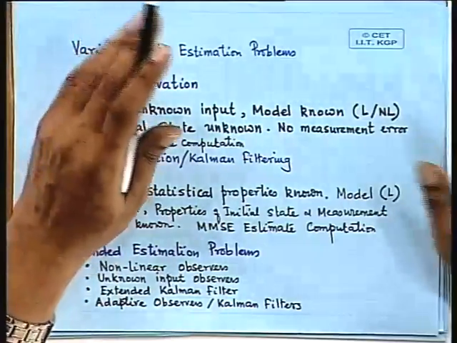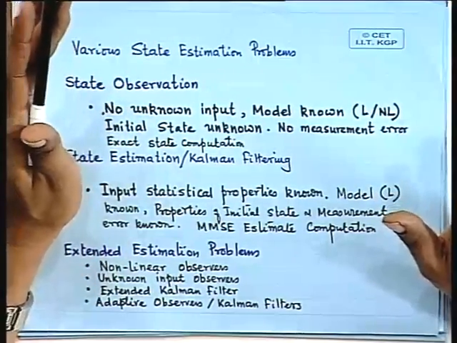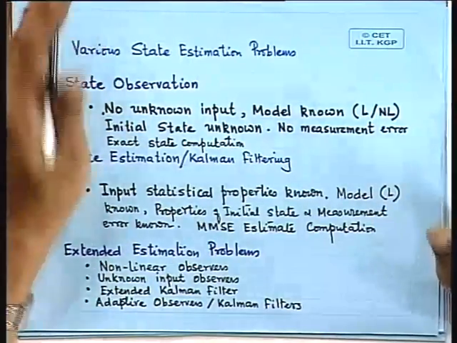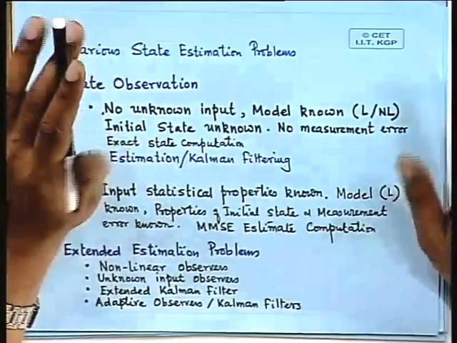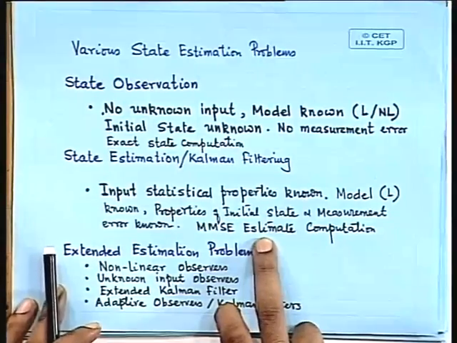So our estimates are always going to be erroneous. Therefore it is not meaningful to try to solve a problem where the estimation error will go to 0, it cannot go to 0. So now we try for a minimum mean square error estimate: the error is going to stay there, but can I make an estimator which makes my error power minimum. That is the problem which is attempted.